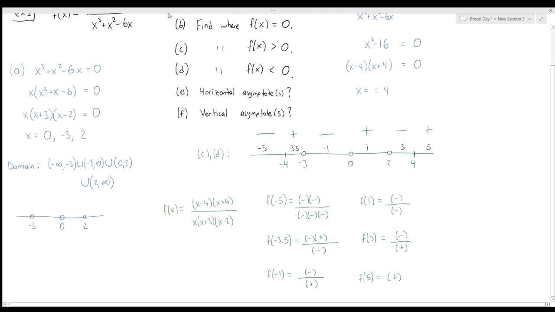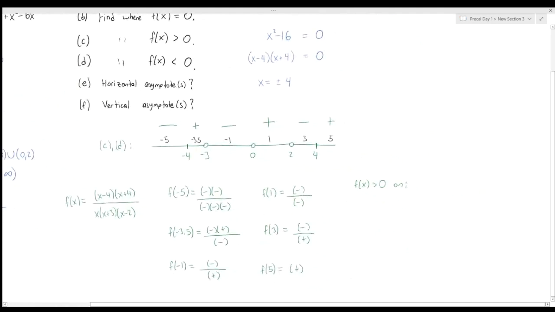That's quite a bit of work, but we found the answer for parts C and D now. So we can say that f will be positive on the 3 intervals where it's positive. So -4 to -3 is one interval.